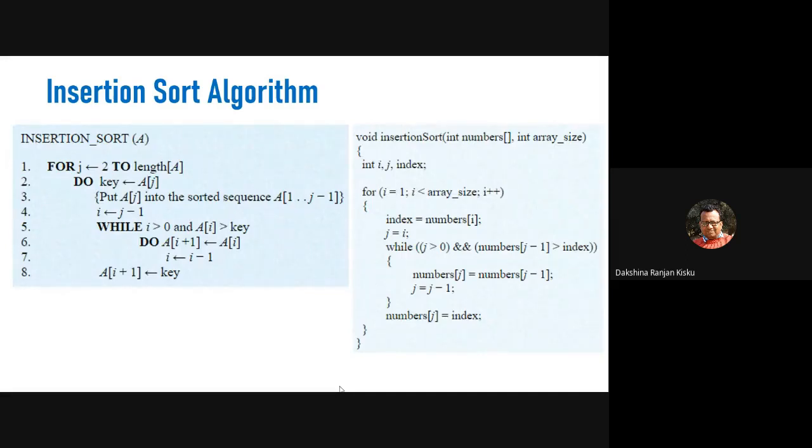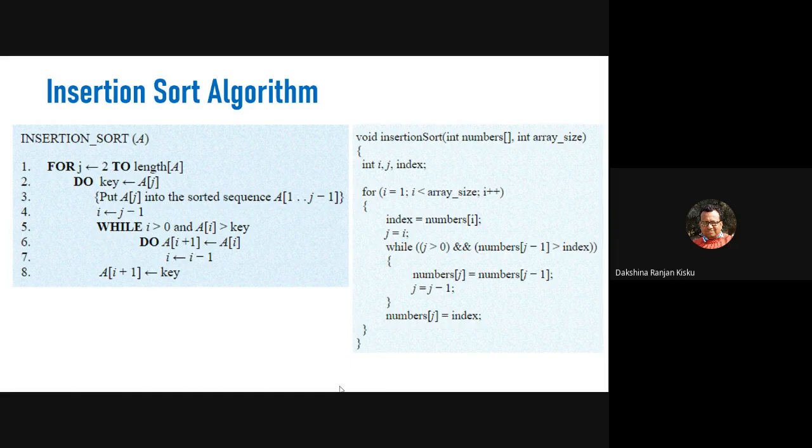Here J will vary from 2 to the last element. Key is assigned by AJ, and then we initialize I by J minus 1. Then we execute the while loop.